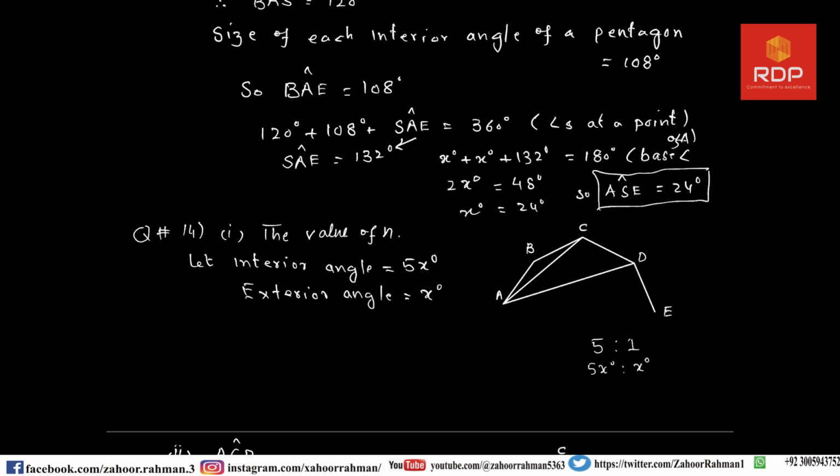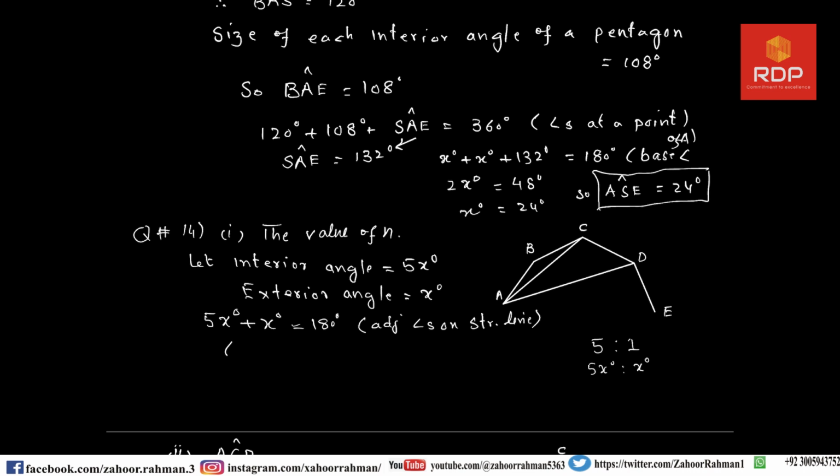So we can write that 5x degree plus x degree is equal to 180 degree, adjacent angles on a straight line.